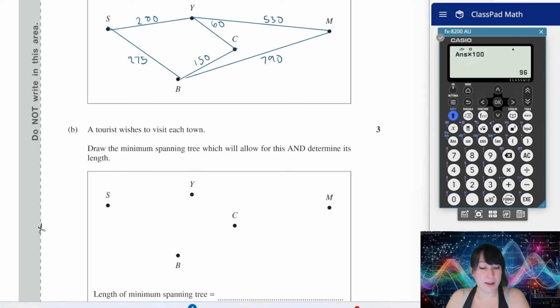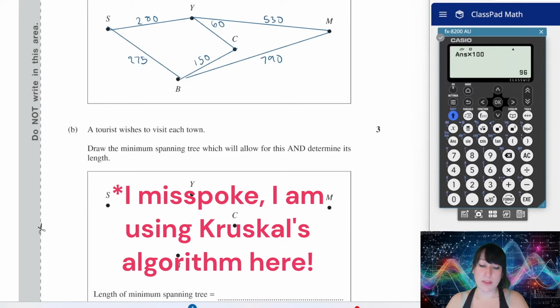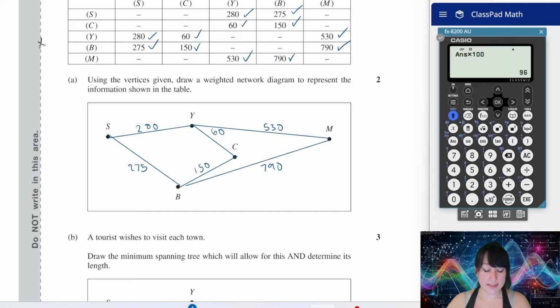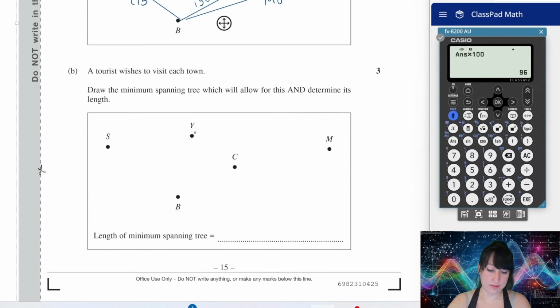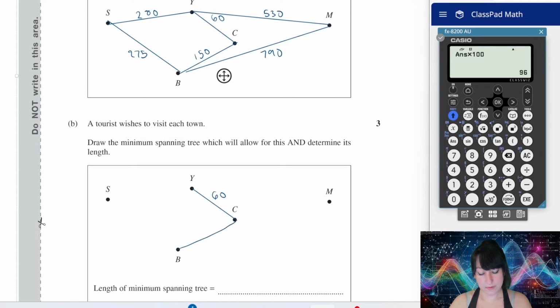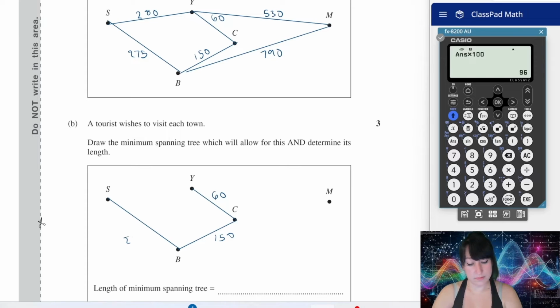Since it's a pretty small tree, I might just use Prim's algorithm and start with the smallest weighted edge, which is 60, the one that connects Y and C. The next smallest edge is 150, which connects B and C. The next smallest is 275 to connect S and B. Now, the next smallest is 280, but we don't want to include the line that connects S and Y because S and Y are already connected into the tree.